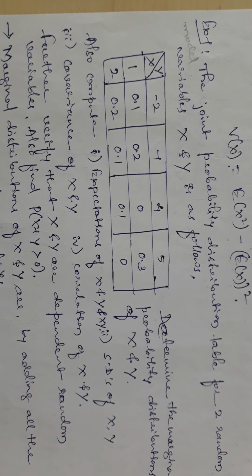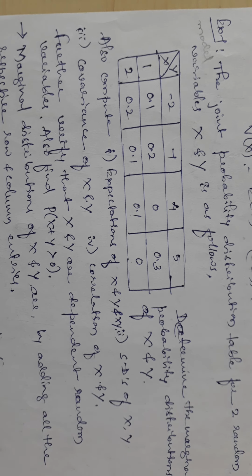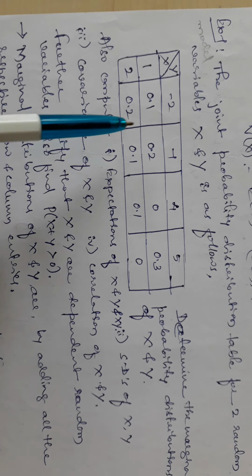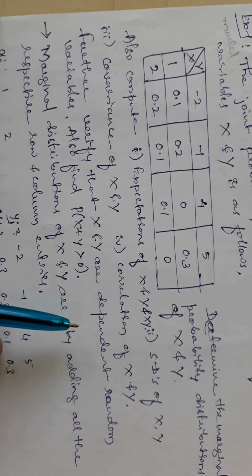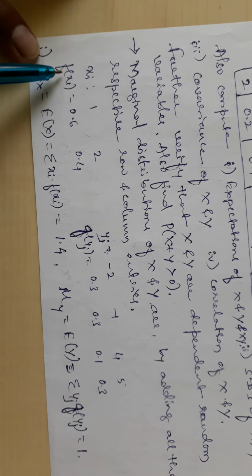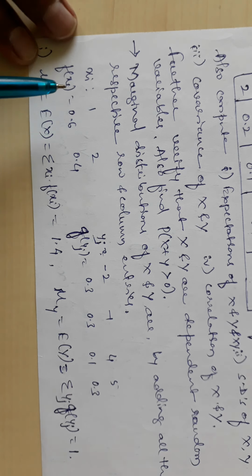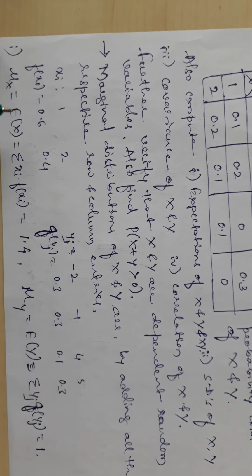Solution: marginal distributions of x and y are obtained by adding all the respective row and column entries. That is, the marginal distribution is obtained by adding row values and adding column values. First I write the xi values and the corresponding row sum values, that is xi = 1, 2 and f of xi.